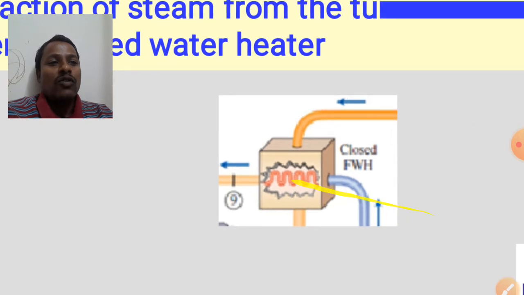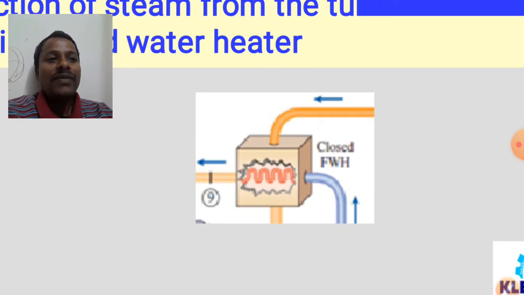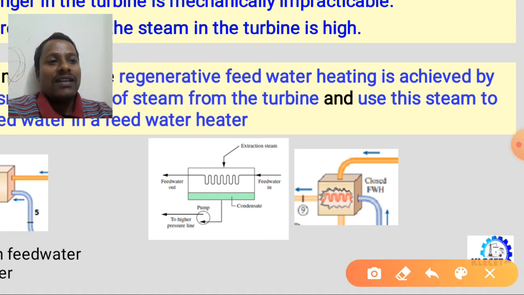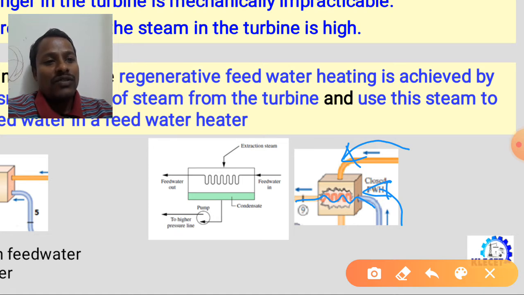Now, after understanding open feed water heater, we have one more type of feed water heater, that is closed type of feed water heater. Here we have the bled steam coming out of the steam turbine, then the condensate flows into the feed water heater, but there is no physical mixing of steam and condensate in this type of feed heater, because the condensate flows inside the tubes and the steam flows outside the tubes.